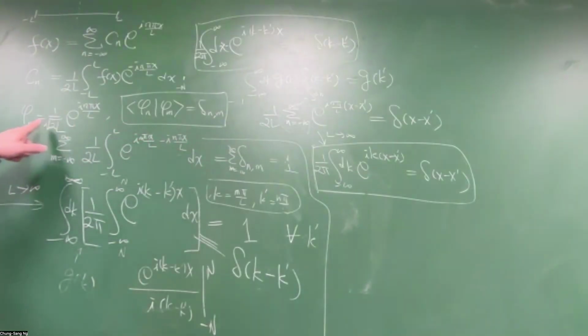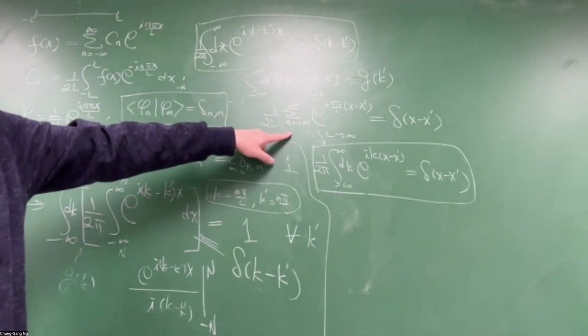C sub n. This one. How do I get this? This is how we get this condition.